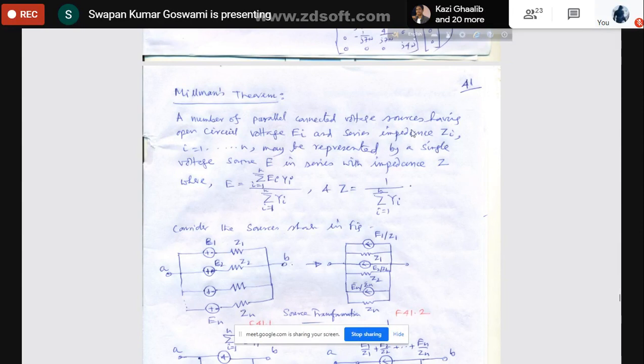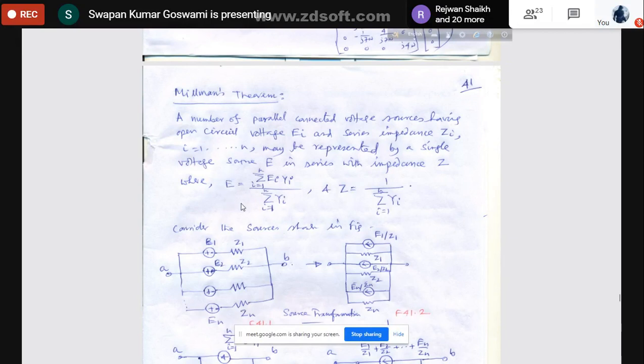If there are a number of parallel connected sources with generated voltage and impedance in series, then you may represent those sources by a single source and single series impedance. What is the single source value?